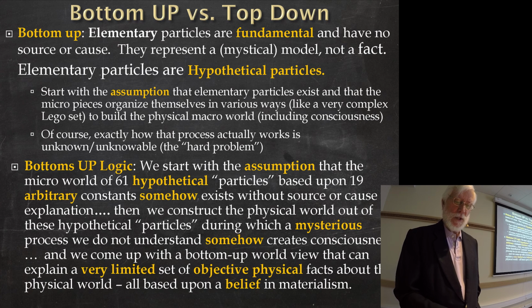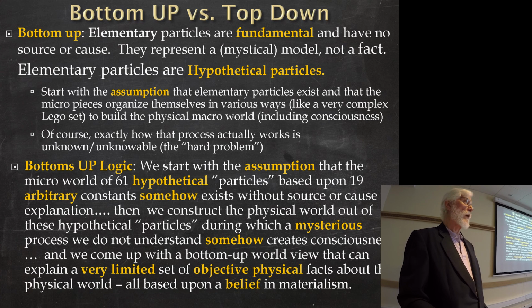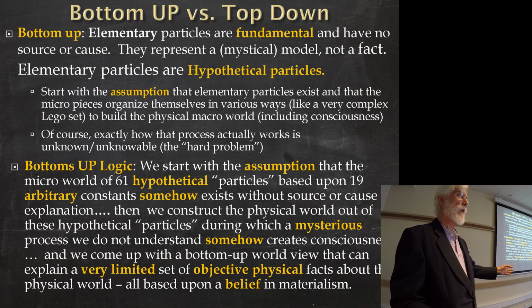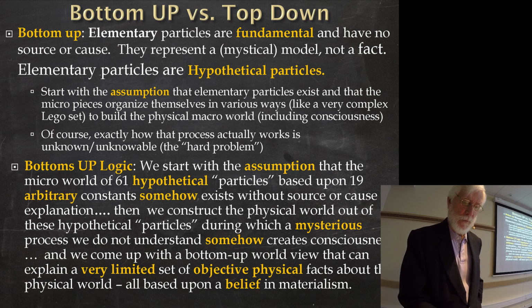Those 61 hypothetical particles are based on 19 arbitrary constants. Arbitrary means that the constants were just picked so that the answers would come out right. We have answers, we have measurements, and we know this has to be the answer, so we multiply them by a fudge factor or a constant in order to get them to give us the right answer.